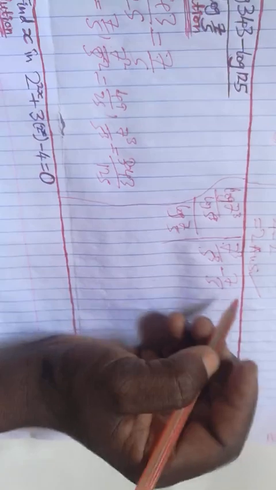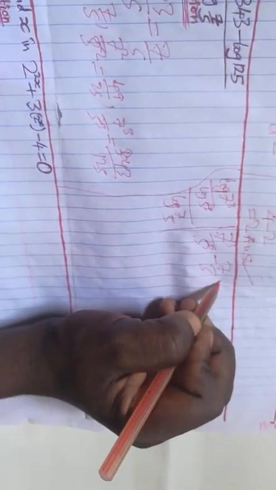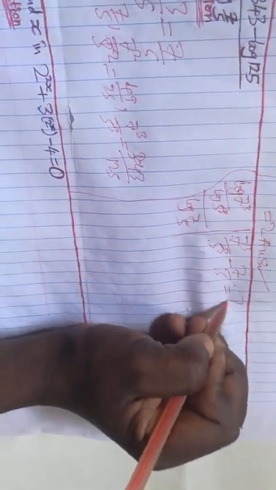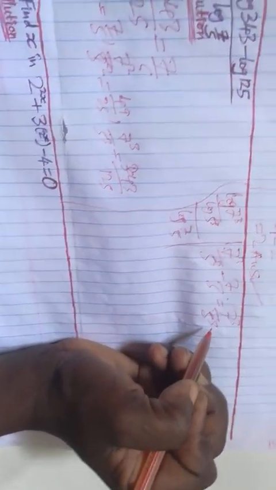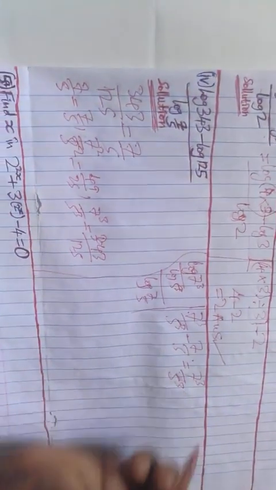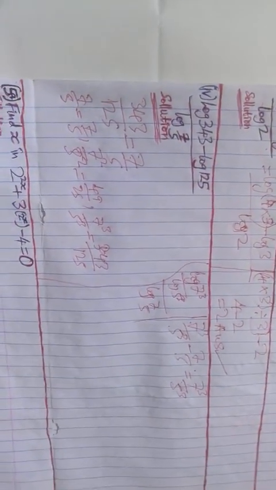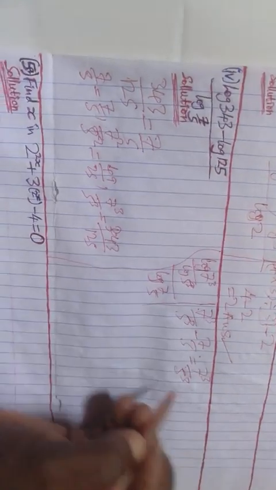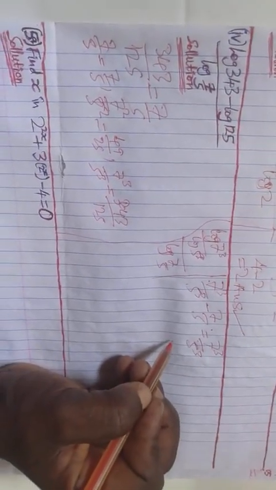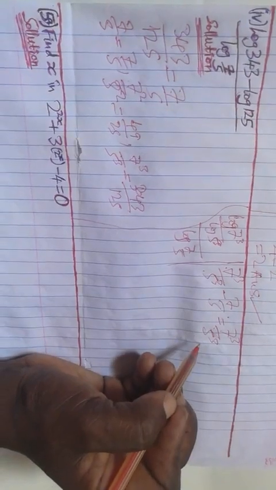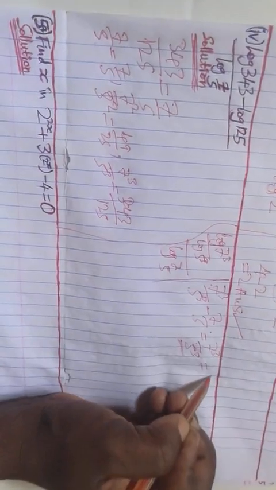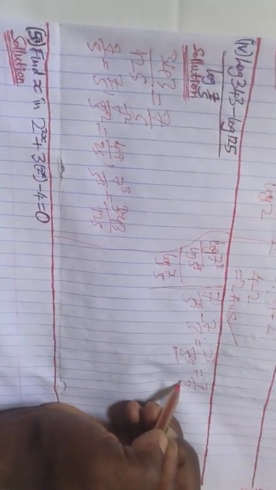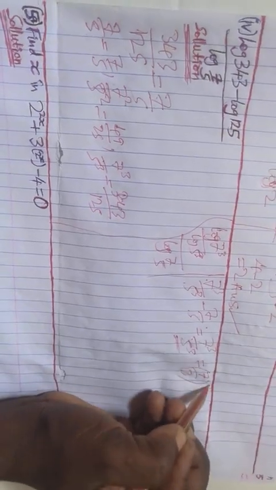But 7 power 3 over 5 power 3, due to the similar powers, can as well be written as 7 over 5 in brackets power 3.